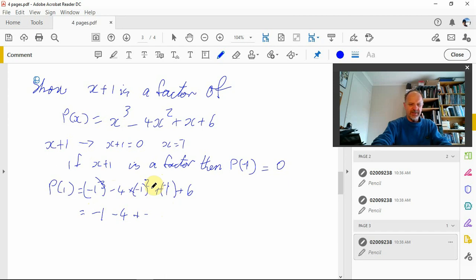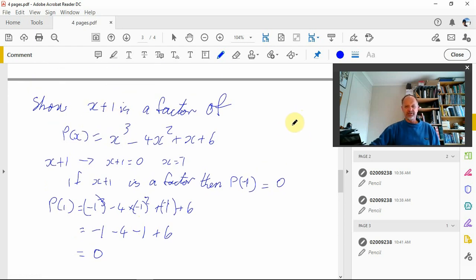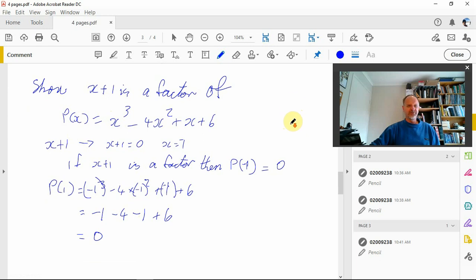So I don't need to write plus negative 1. I can just write negative 1 plus 6. And then that, of course, is 0. So x plus 1 is the factor, not what I had written originally. So I hope I haven't confused you by that. That is very annoying.